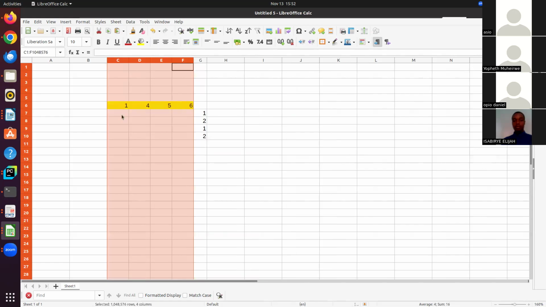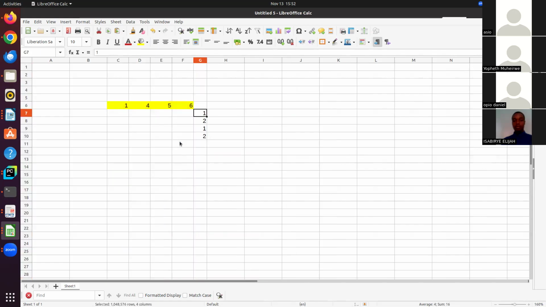Okay, how do we multiply this vector by this vector? We simply take 1 times 1, 4 times 2, 5 times 1, and 6 times 2. And the way you can write it, you can do equal. You take this 1 and multiply it by the number 1 here.